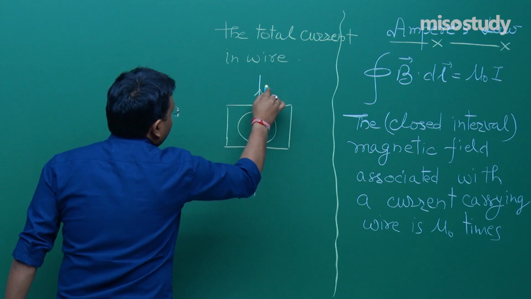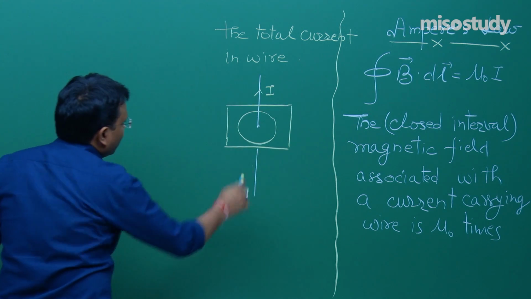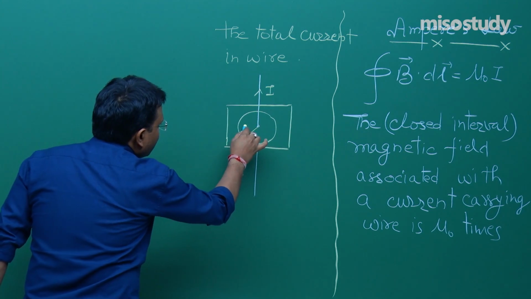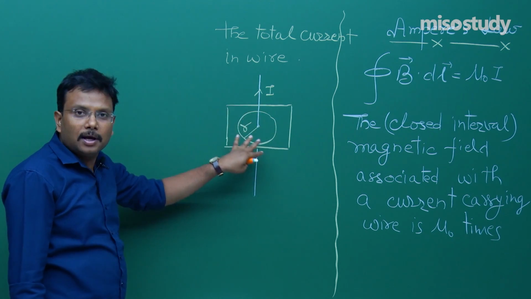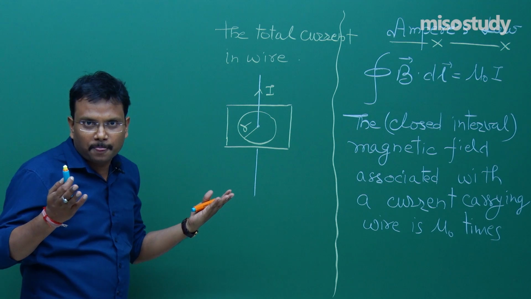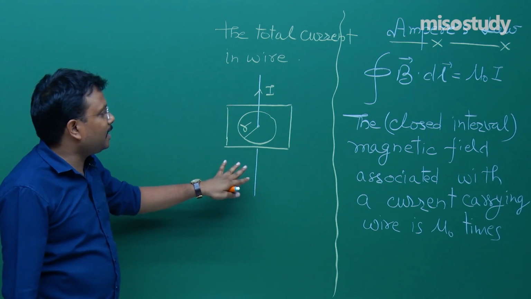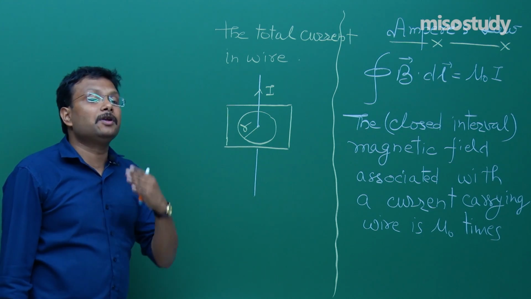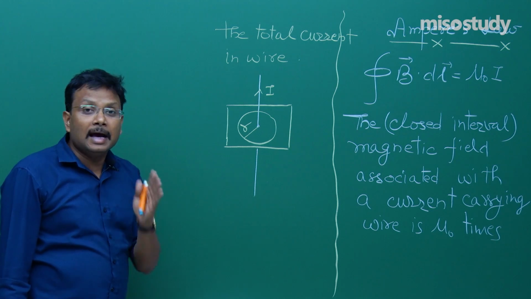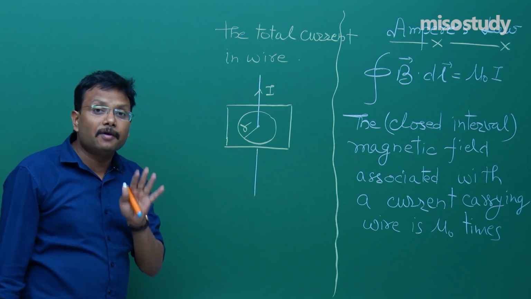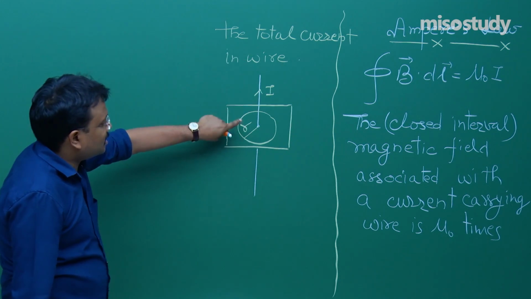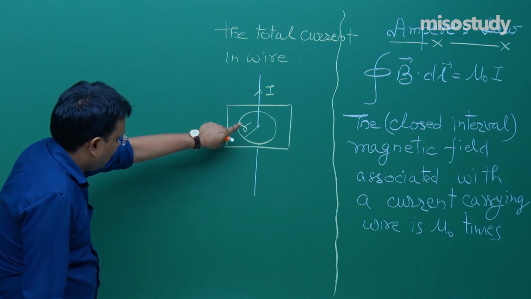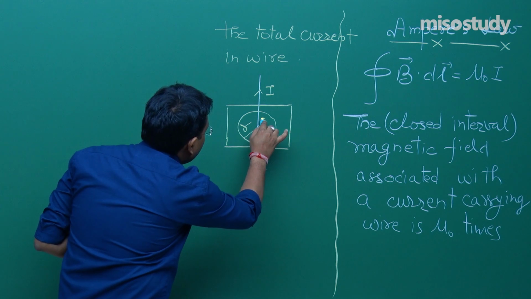And current I is flowing in the wire and the radius is R. Now, this circular area is imaginary. Fine. After explaining this, I will also say that this law is even applicable for any orbit shape. Okay. So, first start with the simplest possible shape, that is a circle.